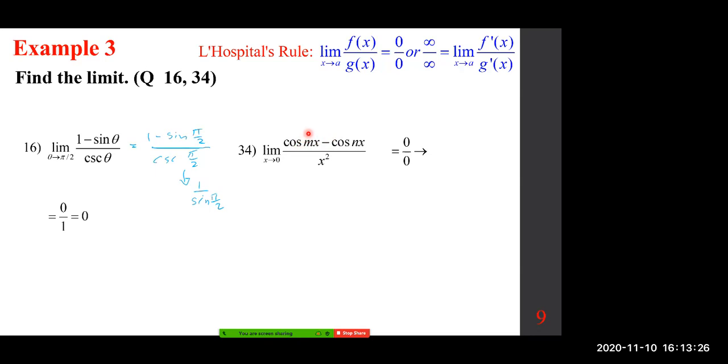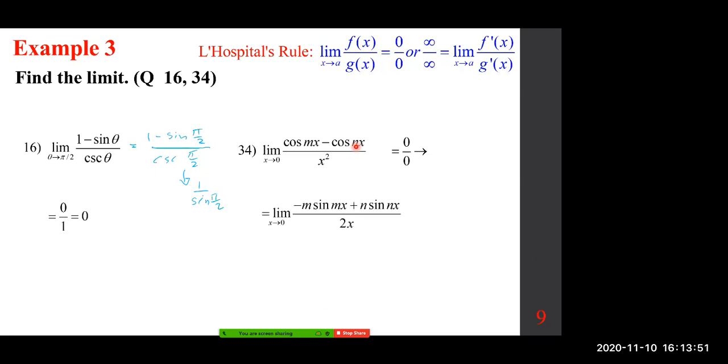Cosine becomes negative sine and times m. So negative m sine mx minus cosine becomes negative sine nx, and then times n, the denominator is 2x.